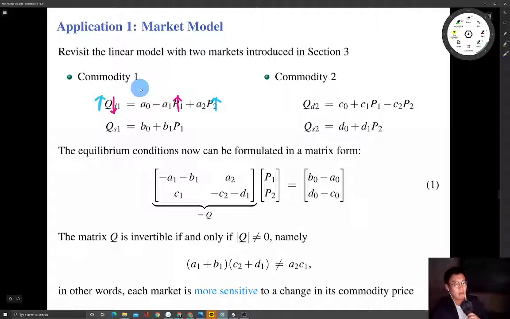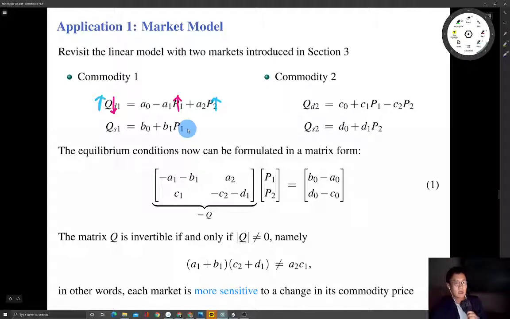Okay, and while the demand depends on the two prices, supply is assumed to be dependent upon just the price of itself. So the supply of good one is a function of P1 only, and supply of good two is a function of P2 only. So it is independent of P1, and supply of good one is independent of P2.